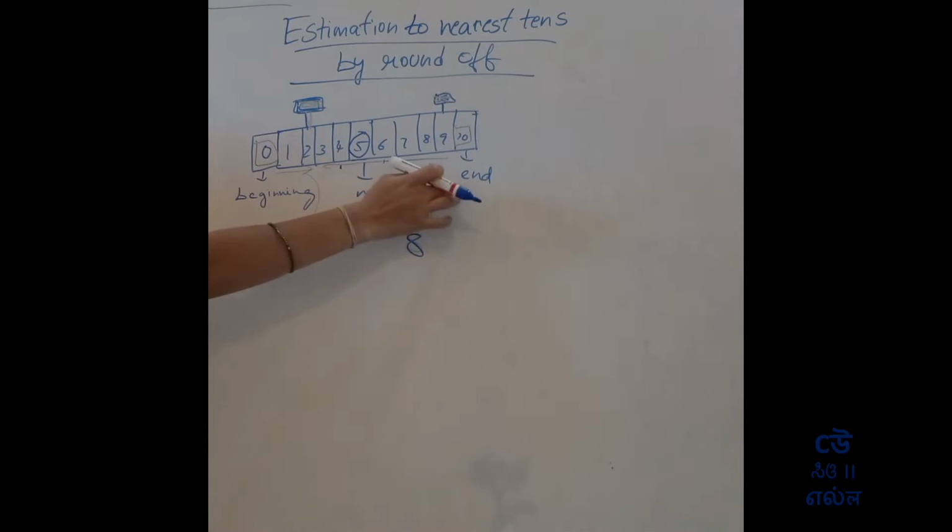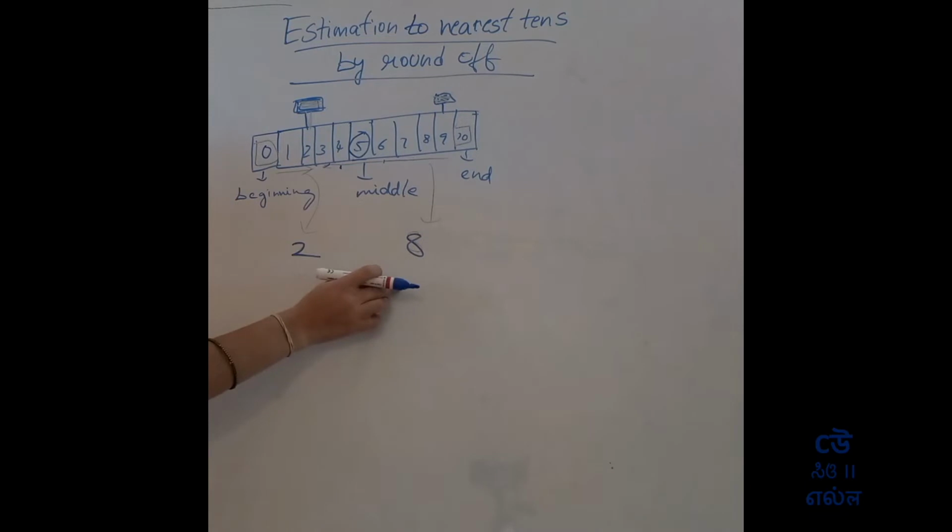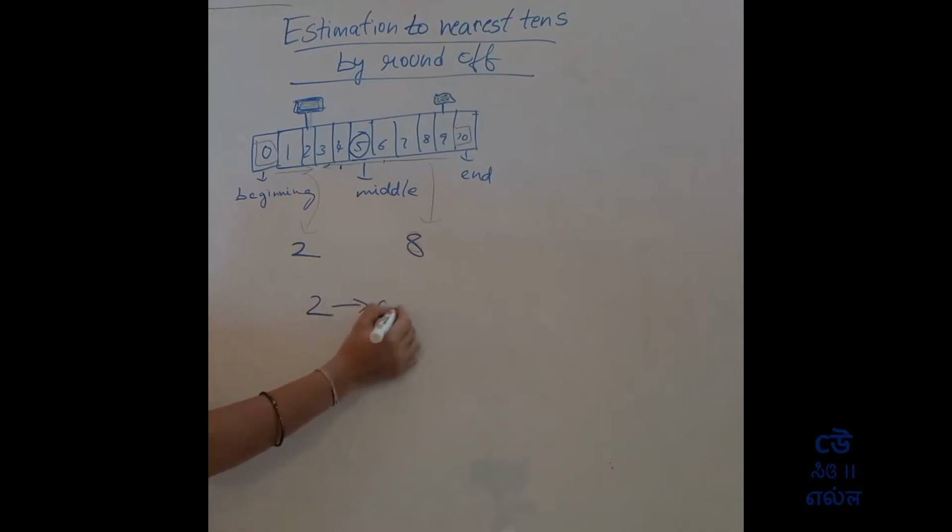From the end side, we got 2 as the 8th position. So in 2 and 8, which is the smaller number? 2 is the smaller number. So obviously 2 is nearer to 0, right? So if we get 2, we'll write 2 rounded off to 0. Understood, children?